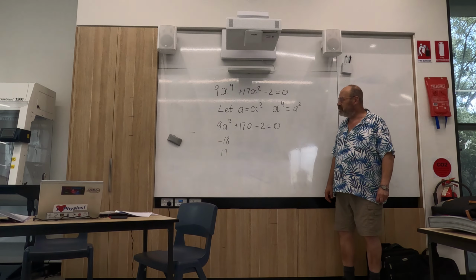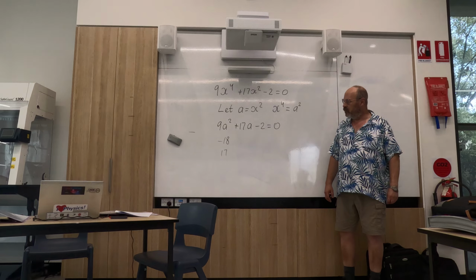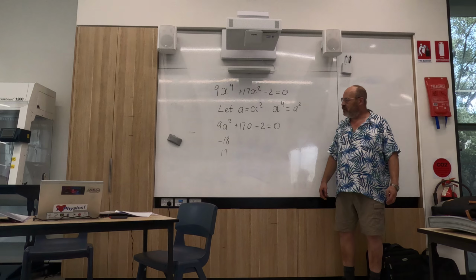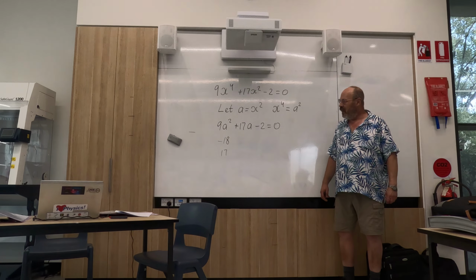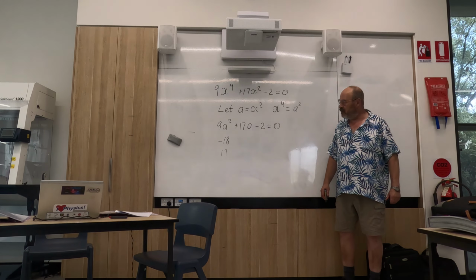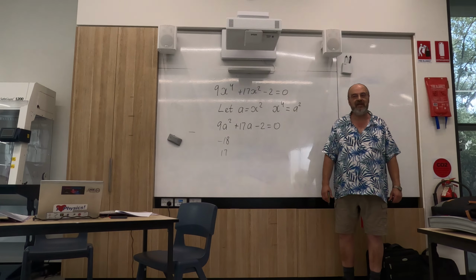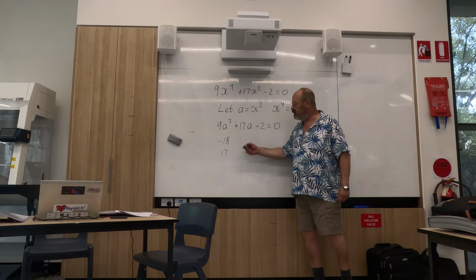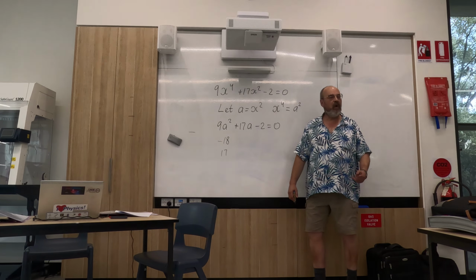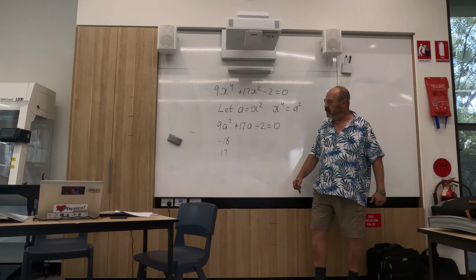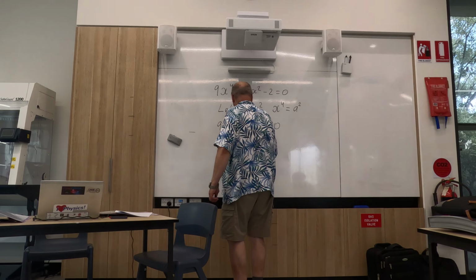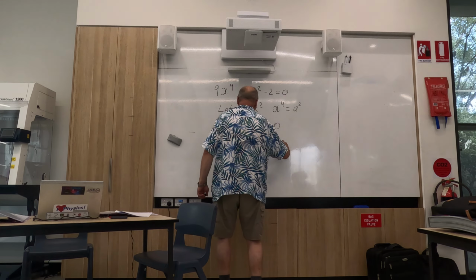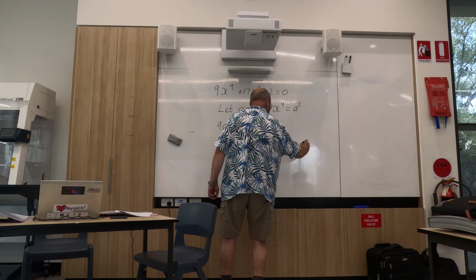What are those two numbers? 18 and negative 1. 18 times negative 1 is negative 18, and 18 plus negative 1 is 17. Why are we doing that? So that we can split the middle term: 9a squared plus 18a minus a minus 2 equals 0.